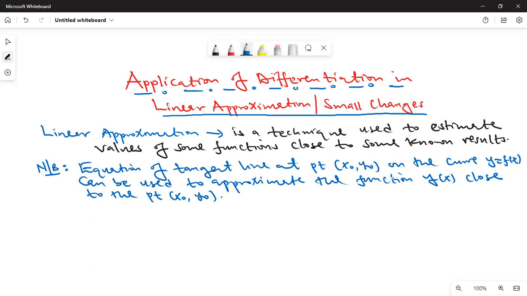Now, how do you find the gradient of a curve at a point? It is simply equal to the gradient of the tangent line to that curve at the same point.